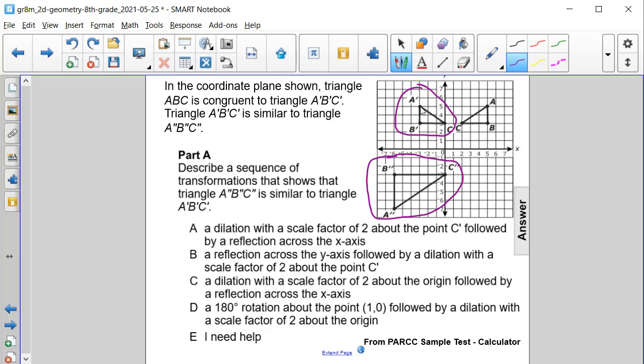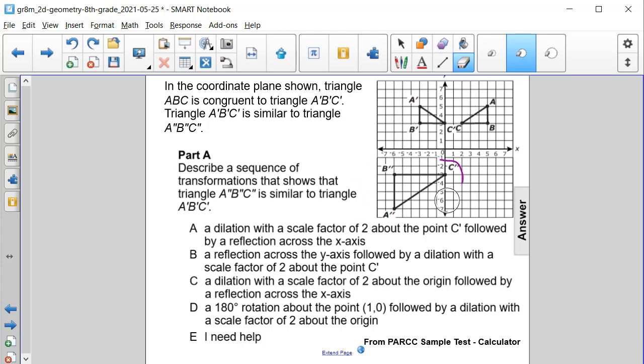This original triangle, A prime B prime C prime, has side lengths of 2 and 3 for the legs, and these two legs are 4 and 6. So we're definitely dilating with a scale factor of 2. And all of these have dilation with scale factor of 2, so we can't cross anything out yet. I was hoping we could.